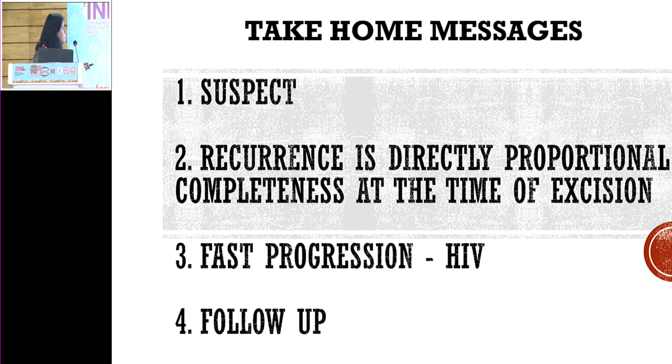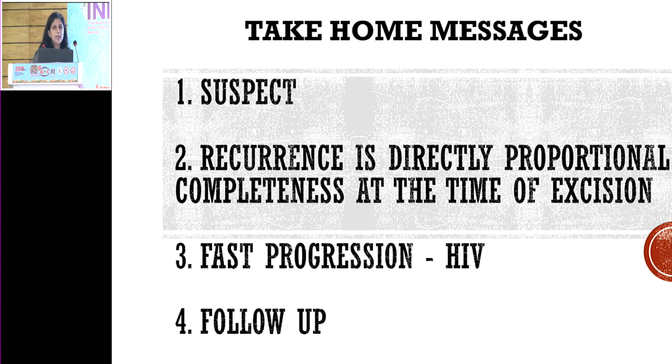So the take home messages which I wanted to give all of you are, first, suspect OSSN, it is common. It is the third most common ocular malignancy after choroidal melanoma and intraocular lymphoma. Don't think that this is a pterygium, small Tenon's or small tubercular lesion or something. Second, recurrence is directly proportional to completeness at the time of excision.